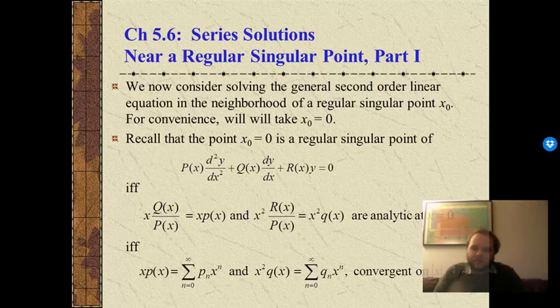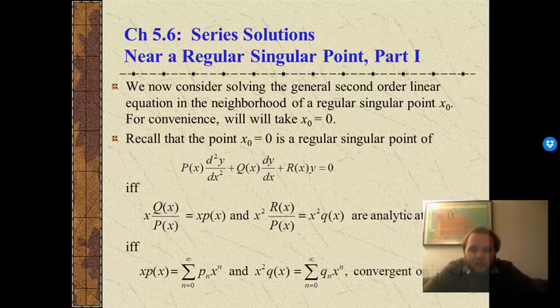So first, go back to the source. Recall that x naught is equal to 0. Let's say that's a regular singular point of our differential equation, big P of x, y double prime, plus big Q of x, y prime, plus R of x, y is equal to 0.